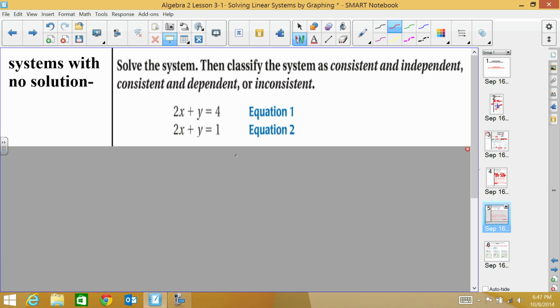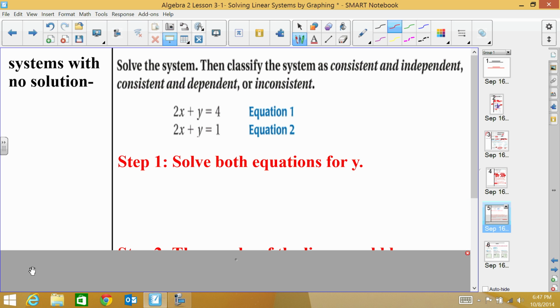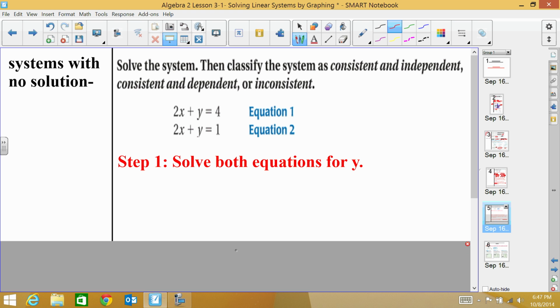All right, last thing, systems with no solution. So let's solve the system. And then we're going to classify the system as consistent and independent, consistent and dependent, or inconsistent. So same process. We're going to solve both equations for y. So we have 2x plus y equals 4.